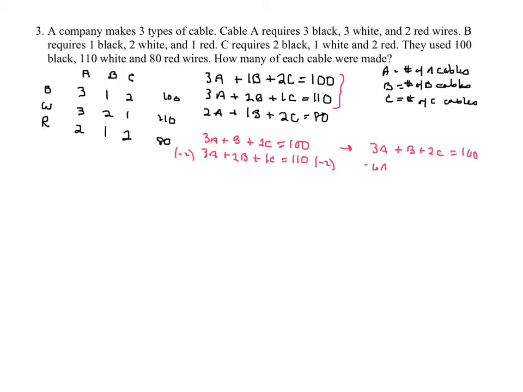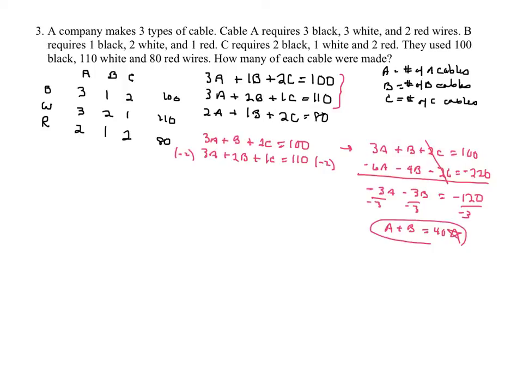Negative 6A minus 4B minus 2C equals negative 220. The C's will cancel, and I'll get negative 3A minus 3B is equal to negative 120. The cool thing is I'm going to divide everything through in this equation by -3, and I'll get A plus B equals 40, and that's a much easier equation to deal with.